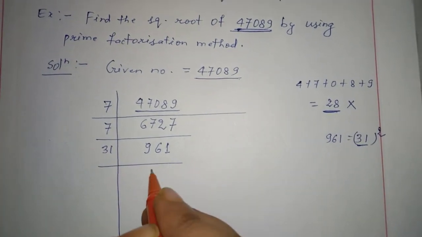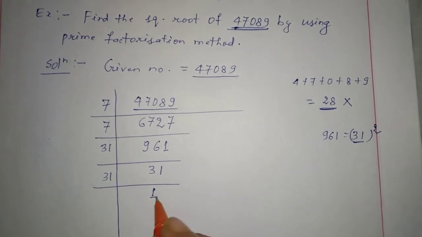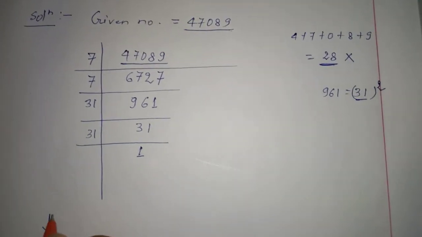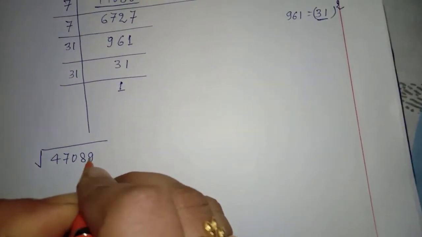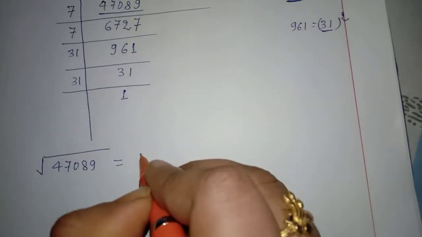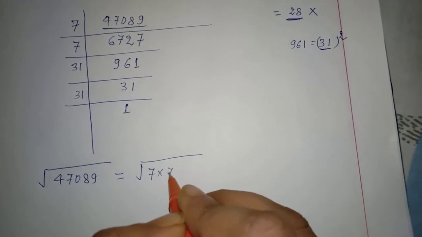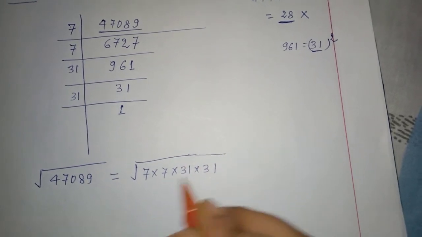So 31 31s are 961. Again by 31 we will get 1. Now how can we write it? The square root of 47,089 must be written as 7 into 7 into 31 into 31.